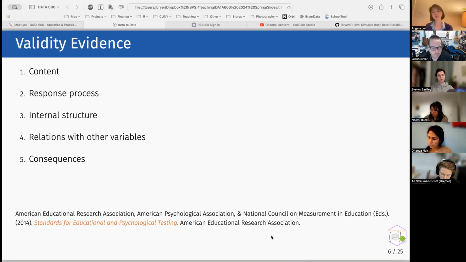Internal structure has to do with running CFA and EFA, that's confirmatory factor analysis and exploratory factor analysis, which gets at how well those items hang together, right? Relations to other variables have to do with concurrent validity and predictive validity. Essentially, is our measure highly correlated with variables and constructs that should be highly correlated, and less correlated with variables that shouldn't be?